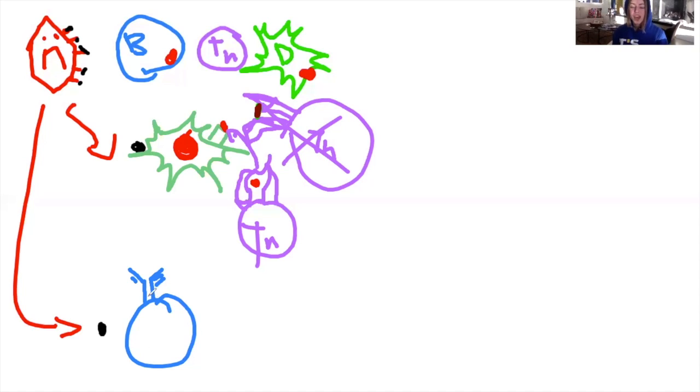Anyways, so they have specific antibodies. Say, for the sake of this, the specific antibody is going to be looking for this specific antigen. So when it finds it, it's going to bind to it, and it's not going to let go, and it's going to yell for any T cells to come and check it out.